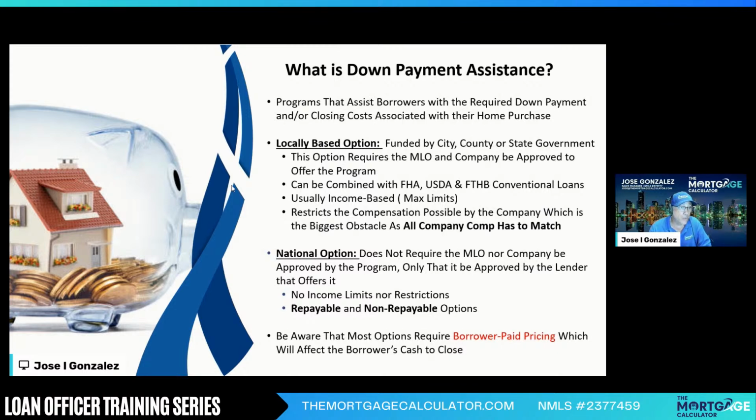Preferably as close to 102.75 as you can get if you're a loan officer at the mortgage calculator, so we can cover the comp without any loan discount fee to the borrower, because that's what ends up happening. If it's a little short, there's going to be that on the borrower paid pricing, because what it boils down to is the borrower is going to pay up front, then you get par plus pricing, which offsets the borrower's upfront fee, and you try to offset the full amount of that 2.75 fee with a 2.75 lender credit built into the pricing.